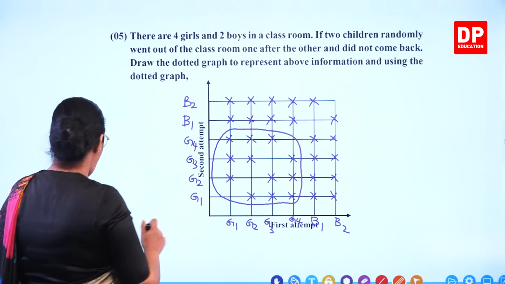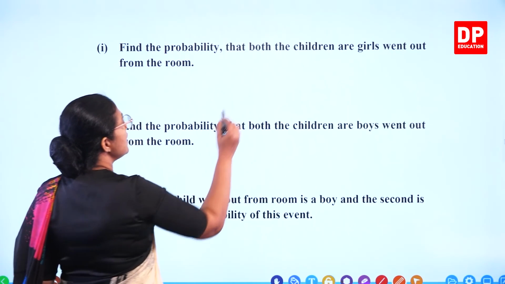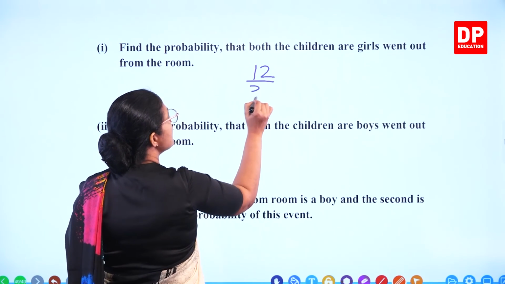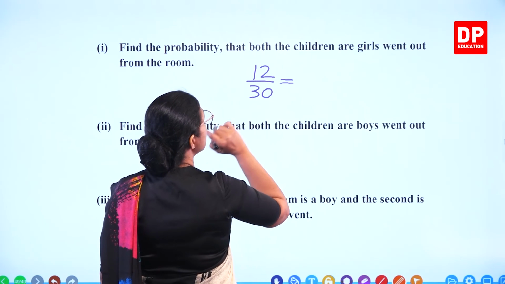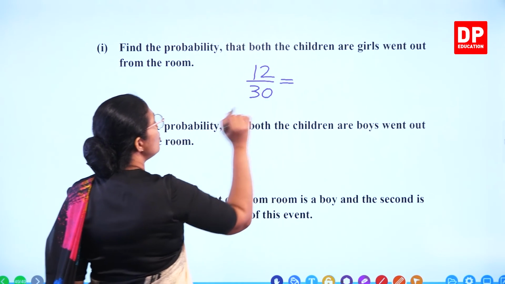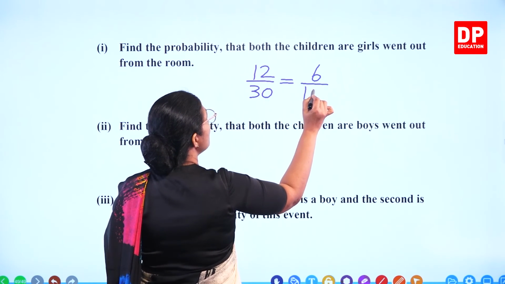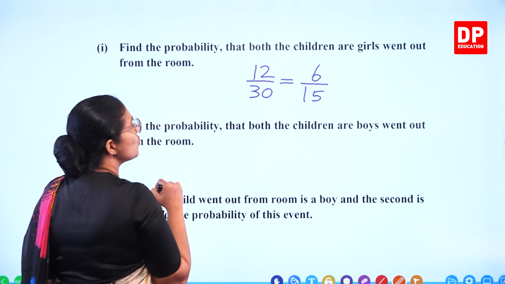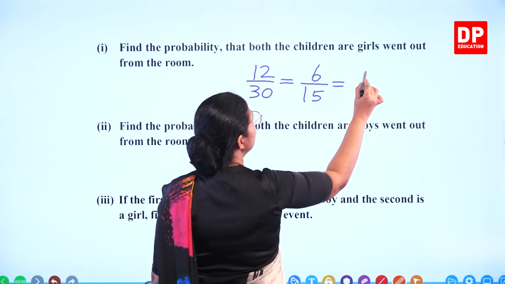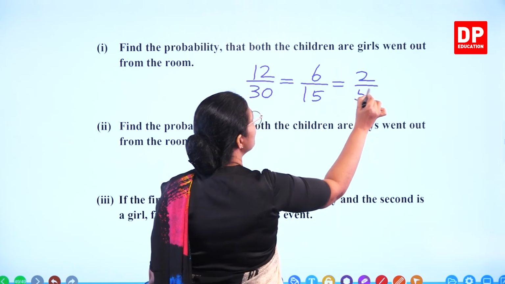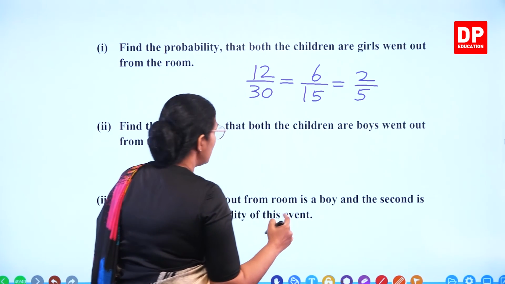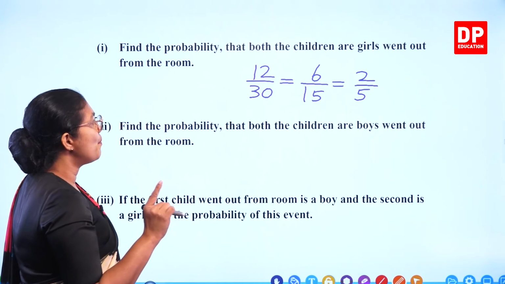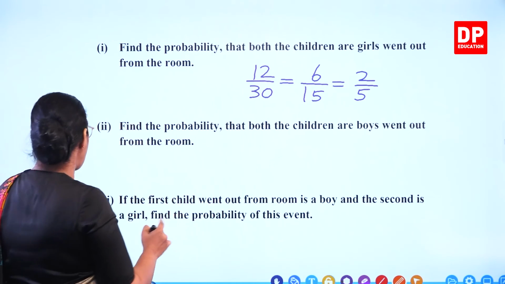So 12 out of 30 is the probability of getting both girls. Divide by 2. You can write 6 over 15. Divide by 3. So 2/5.